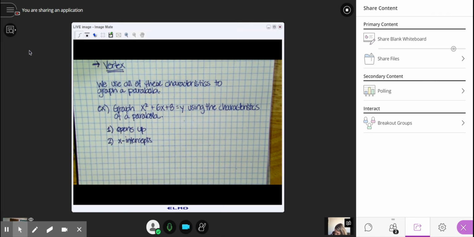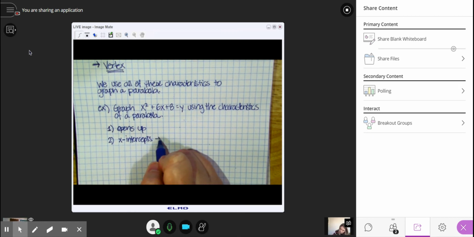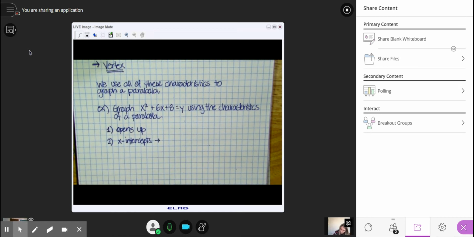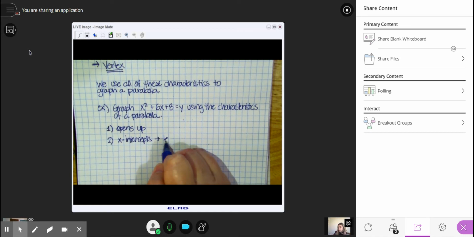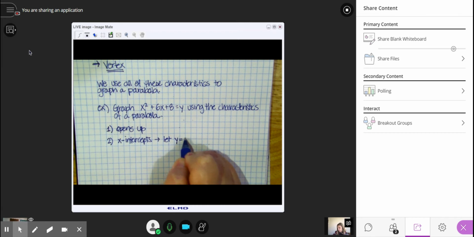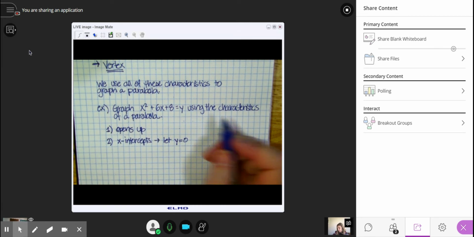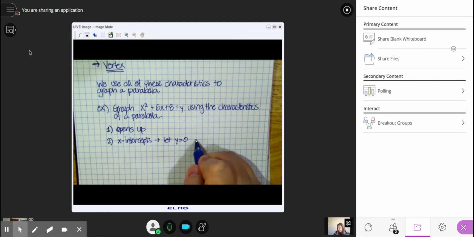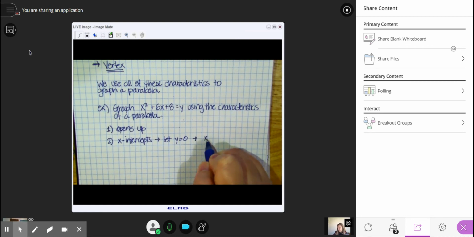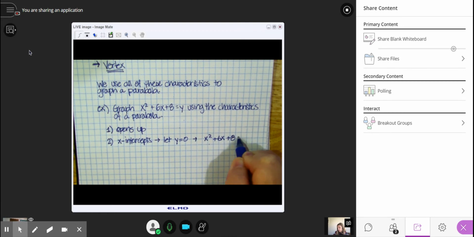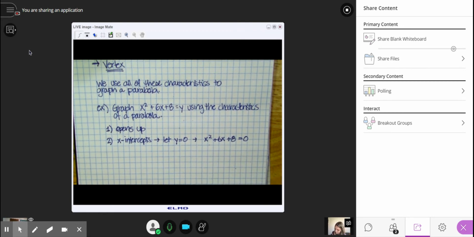I'm going to find the x-intercepts, and I'm going to find the y-intercepts. In order to find the x-intercepts, it's the same thing we do for a line. We let y equal 0. If we let y equal 0, we have x squared plus 6x plus 8 is equal to 0.